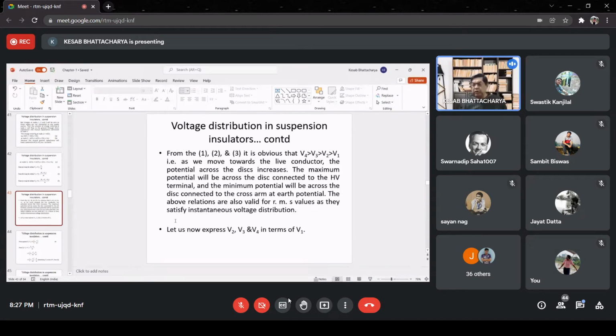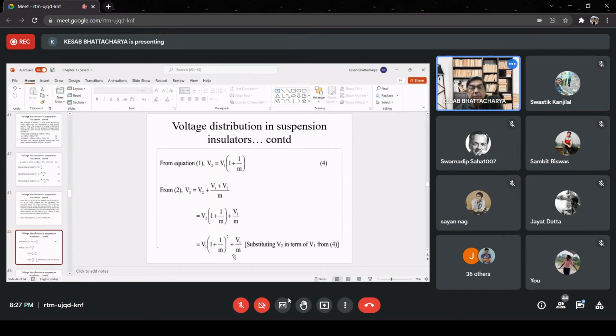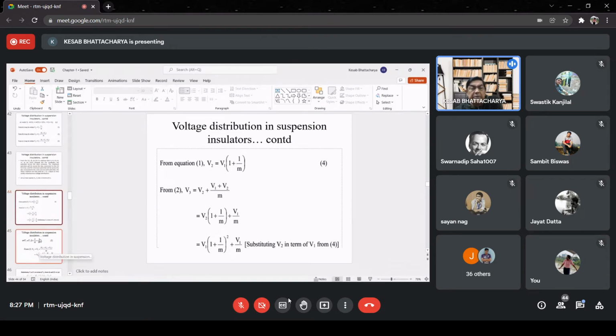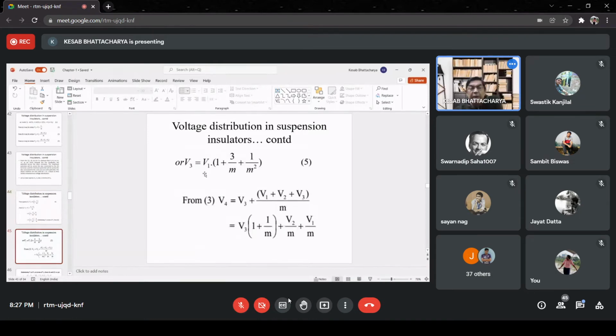Just I am showing you. So V3 is this, which upon simplification comes out to be what you said. V3 is equal to V1 into 1 plus 3 by m plus 1 by m square. And V4 is like this.